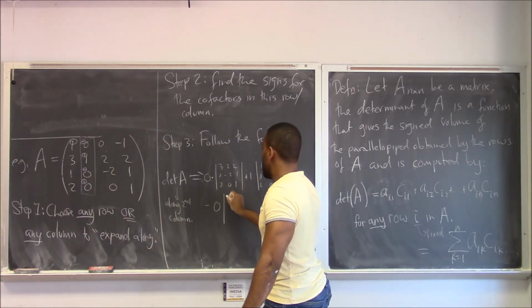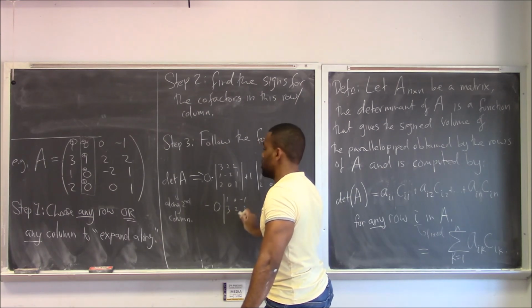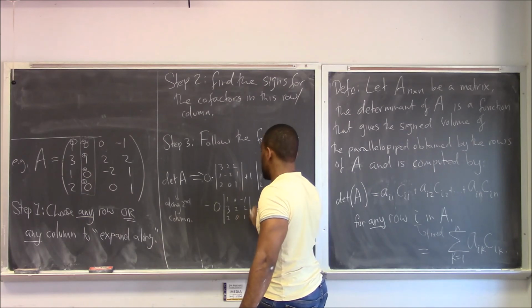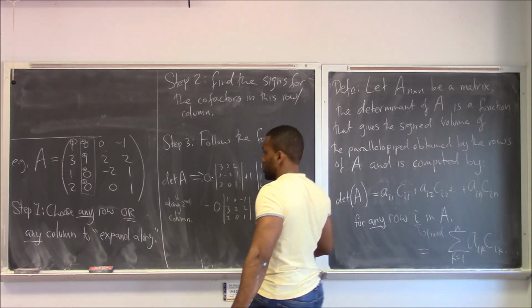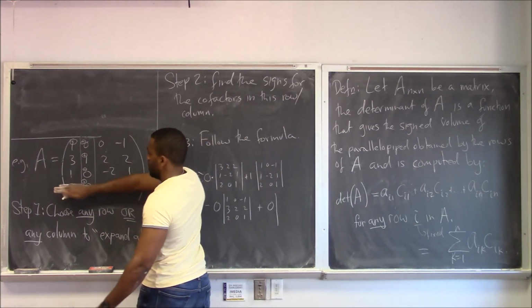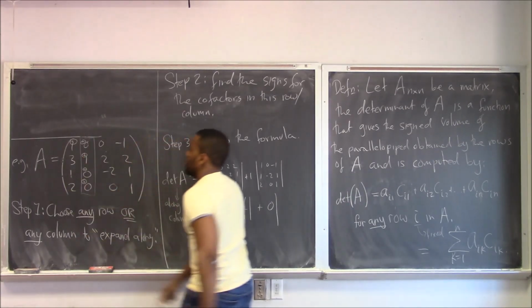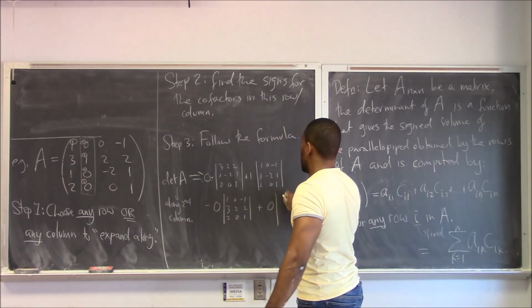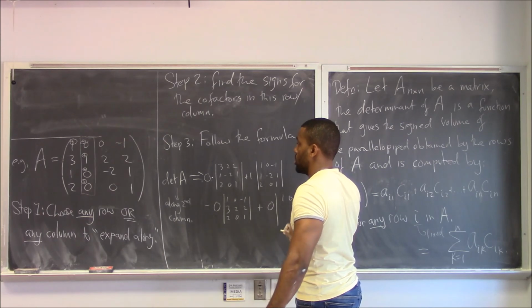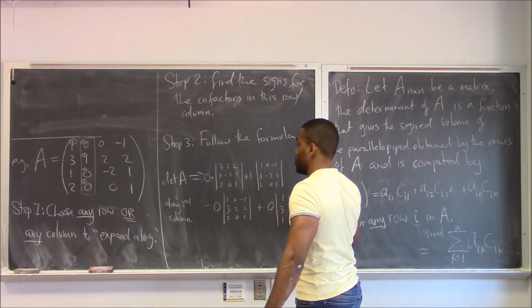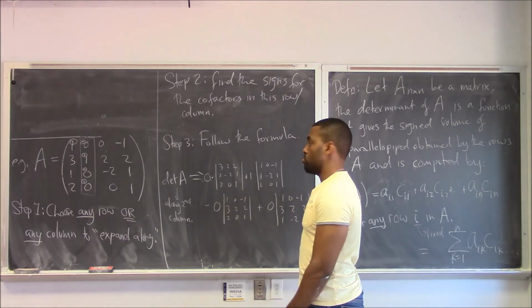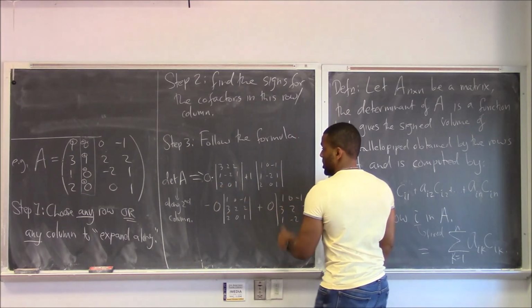I would have 1, 0, minus 1, 3, 2, 2, 2, 0, 1. Plus 0, now I'm at this guy, times, block out everyone in his row and his column, multiply by that determinant: 1, 0, minus 1, 3, 2, 2, 1, minus 2, 1. Now notice these guys are all multiplied by 0, so they don't matter.